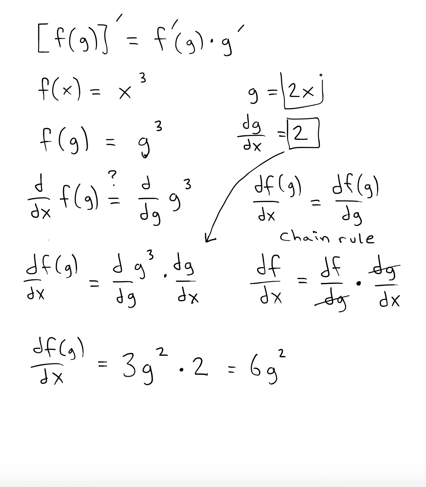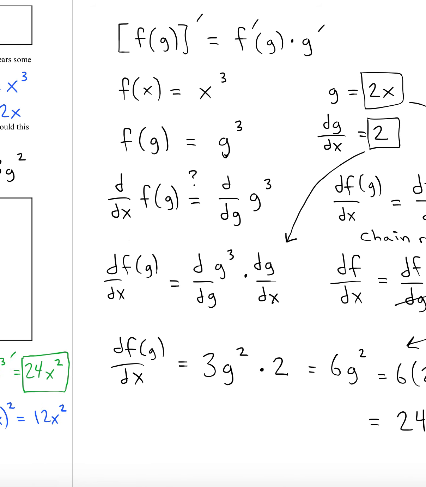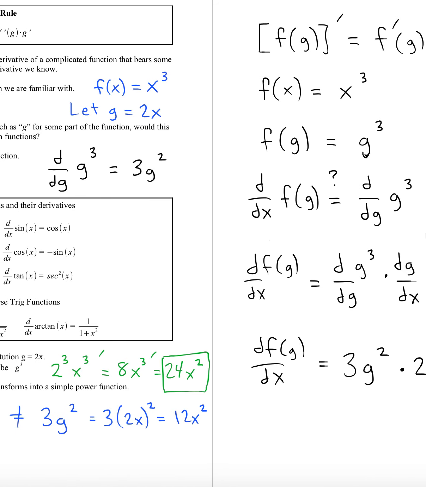And let's go ahead now and replace our g with a 2x. And then we finally arrive at the answer that we were looking for, 24x squared. As you can see, it matches with what we said the true derivative was, 24x squared. That's chain rule.